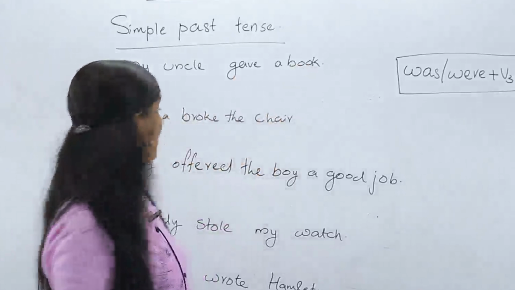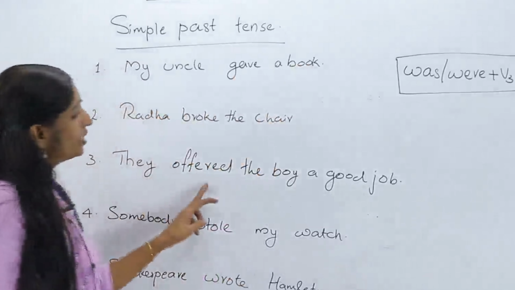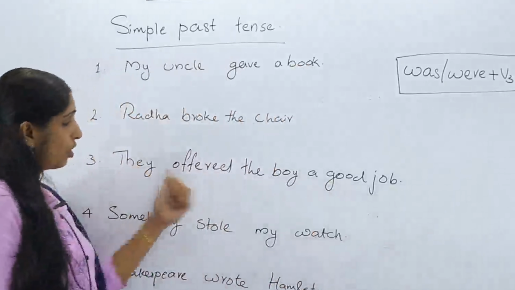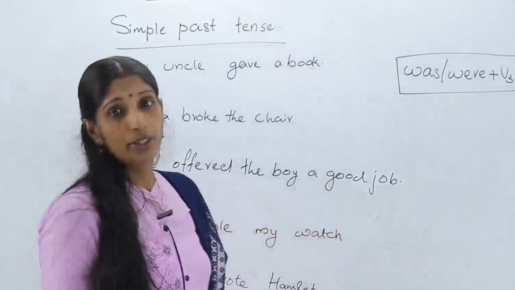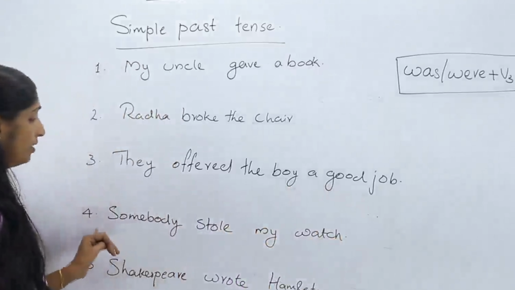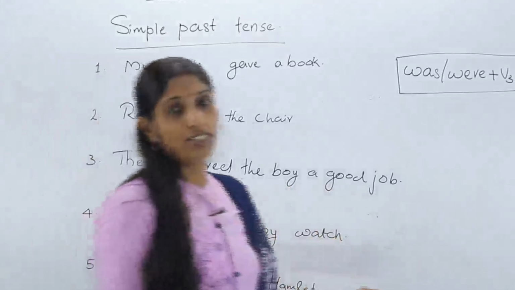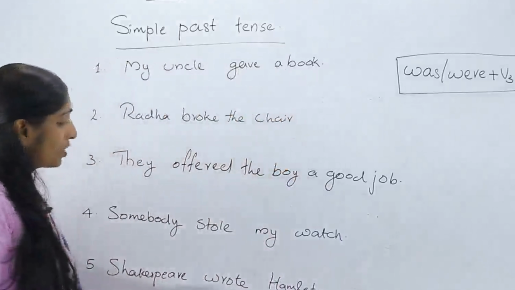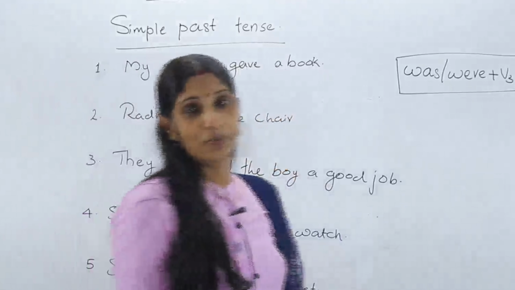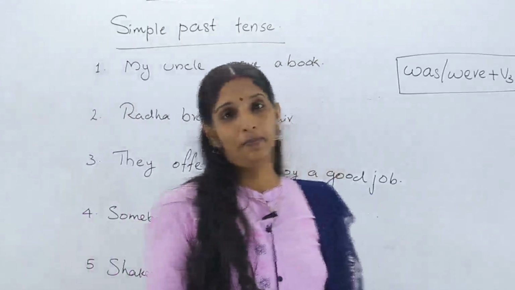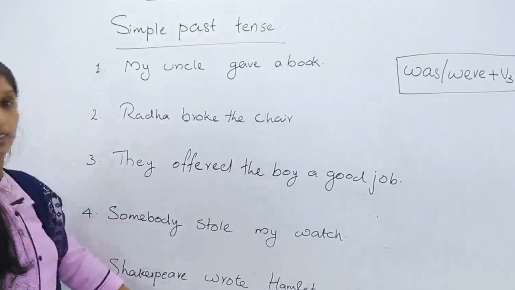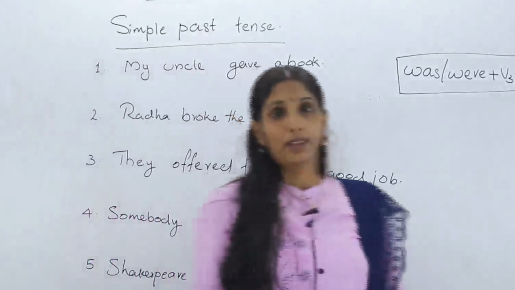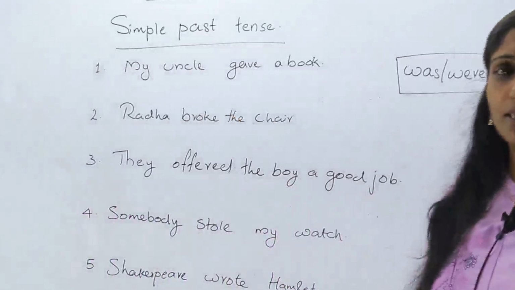Third one, they offered the boy a good job. And the fourth one, somebody stole my watch. And the fifth one, Shakespeare wrote Hamlet. Okay, write down these 5 questions and write the answers first. Try to do the same way.